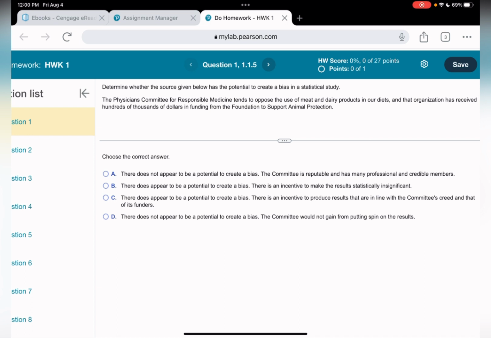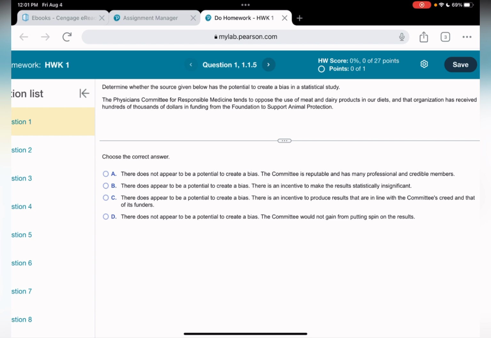Let's read. There does appear to be a potential to create a bias, okay? There is an incentive to make the results statistically insignificant. I disagree with that, because they do research, they want to know, they do a statistical study. So let's read the second one, the D. There does appear to be potential to create bias.